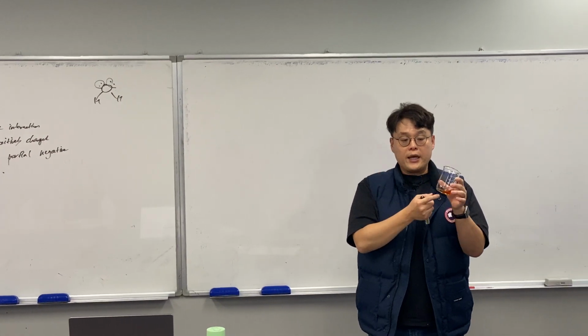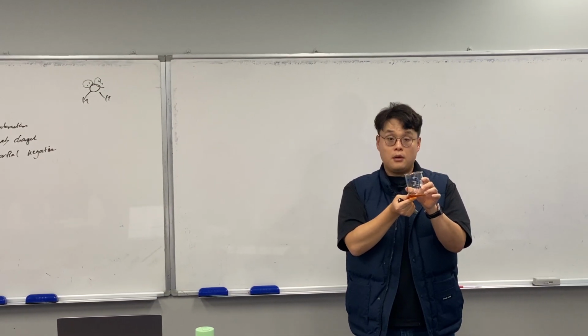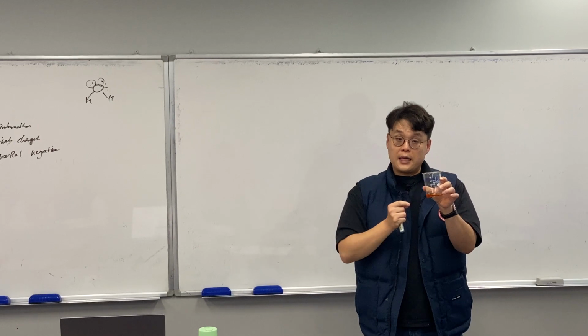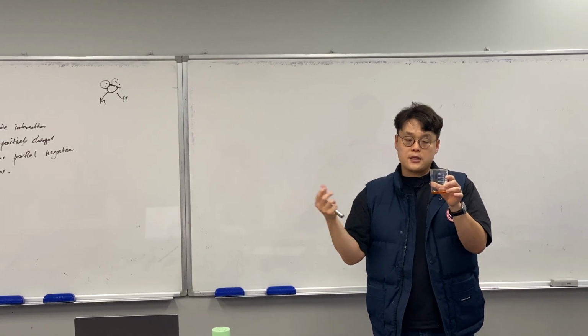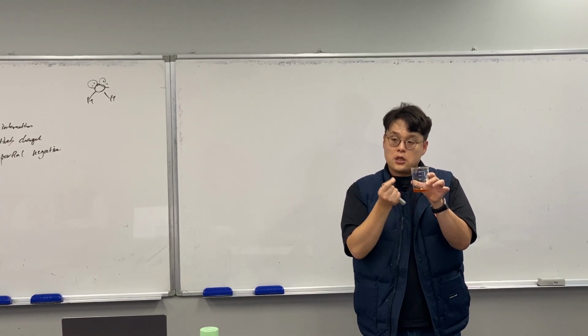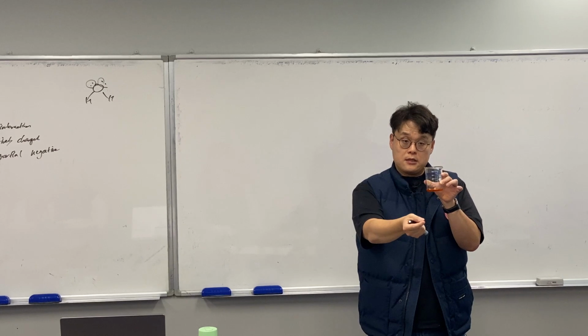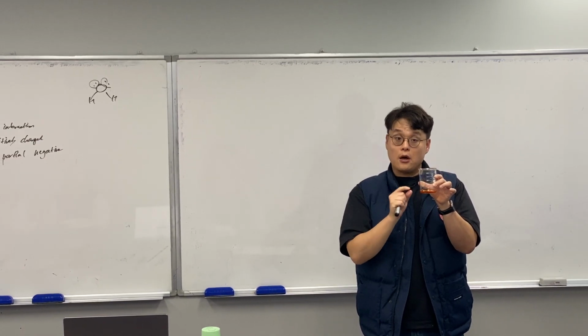Does anyone know why we can visually see the orange color here? All the other colors of light get absorbed, except the orange. So only the orange color gets reflected, and your eyes capture the reflected orange light.